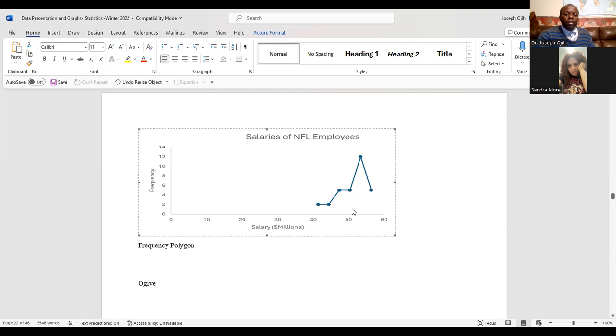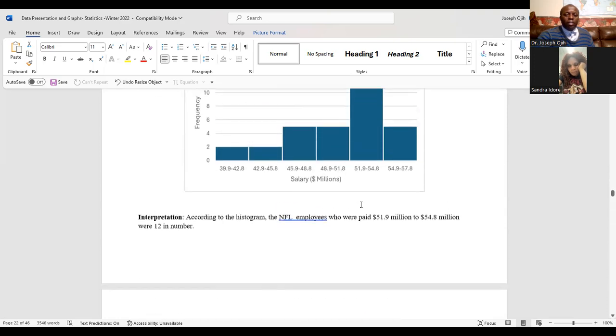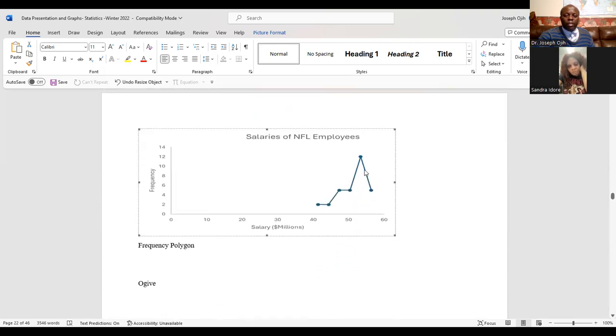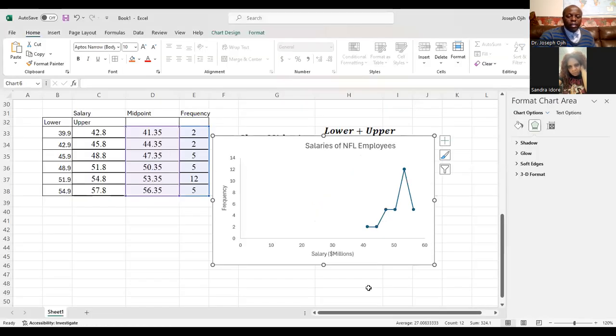Okay, now when we look at this, you can see that it peaked at 51.9 to 54.8. You can see something like that here as well. And it started from 40, actually 41. Go to Excel. It is 41.35. You can see that it started from there.